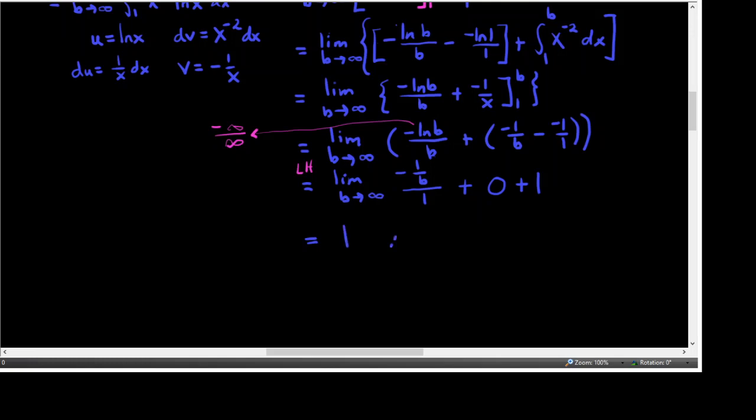And that means that the improper integral of ln of x over x squared dx does what? If you get a real number, that means that the improper integral converges.